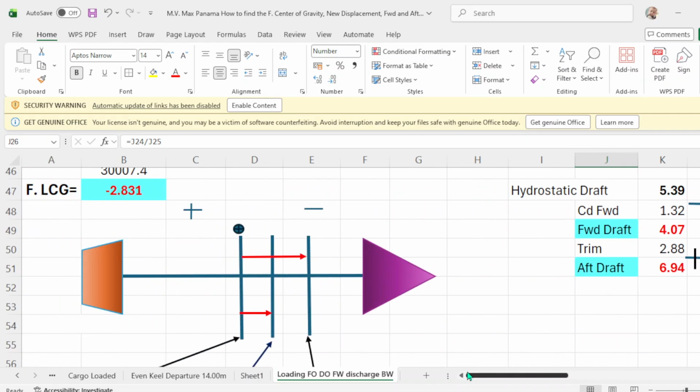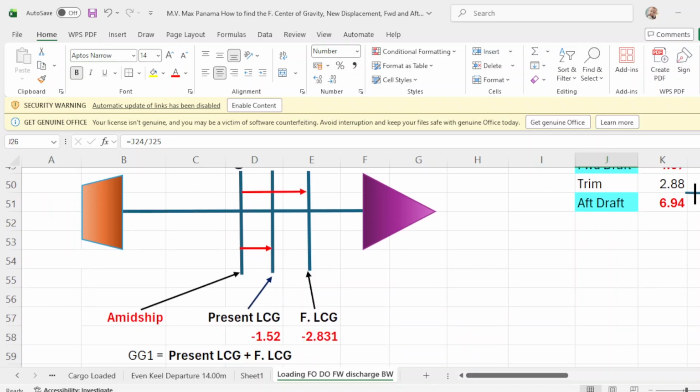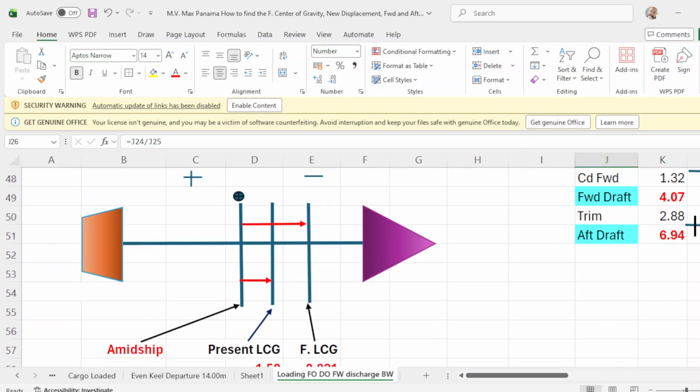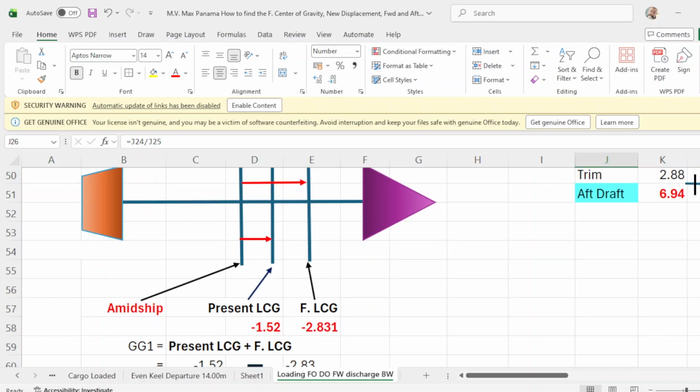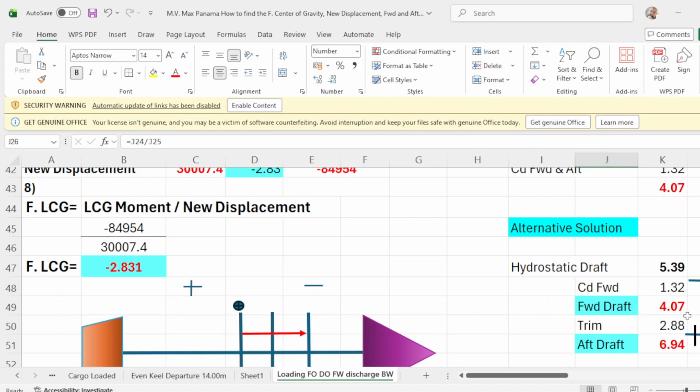I will show you how this figure is. This is your example, your midship. Forward of midship is negative, up of midship is positive. Now your initial, your present LCG is 1.52. Okay, and your final LCG, which is this one, 2.83.